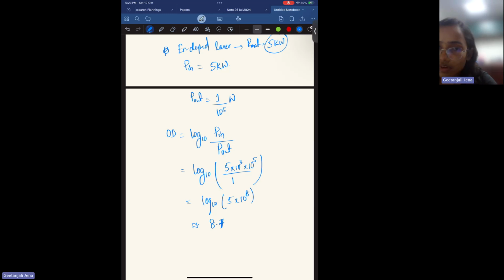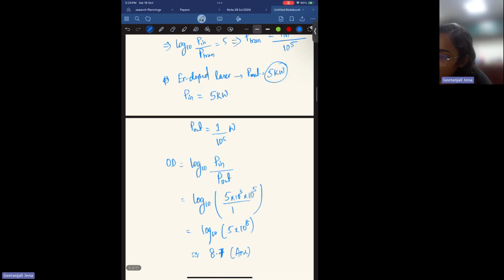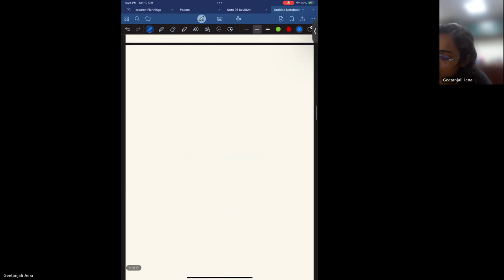So that means for this high power erbium doped fiber, you have to use goggles which have an optical density of 9, or greater than 8.7. Okay, so this is the answer. So let us move to the next question.